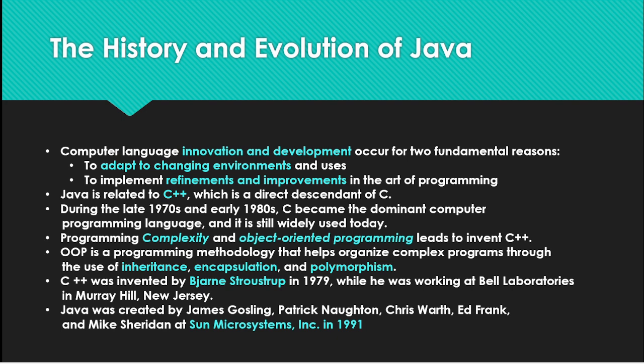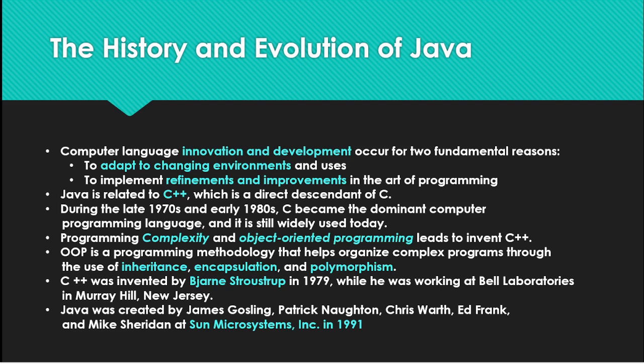Due to complexity and the need for object-oriented programming, it led to the creation of the C++ language. So what is meant by OOPS? OOPS is a programming methodology that helps organize complex programs through the use of inheritance, encapsulation, and polymorphism. These are the main building blocks, or the features, of OOPS, or object-oriented programming.